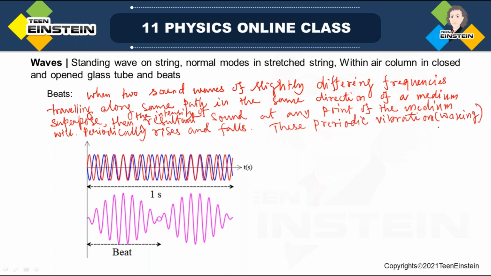These periodic vibrations, waxing and waning of intensity of sound waves, are called beats.